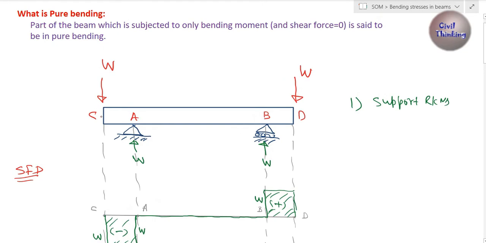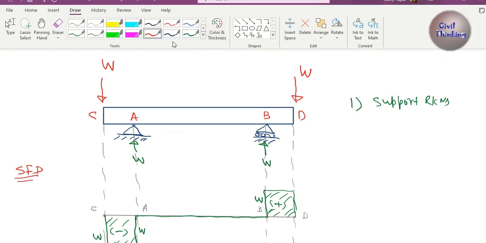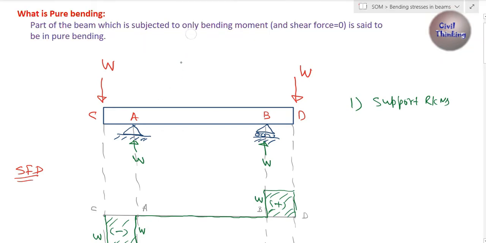Now this W will induce an anti-clockwise moment at A like this, whose magnitude will be W multiplied by this length CA. Let this be L, let this be 4L, and let this be L.